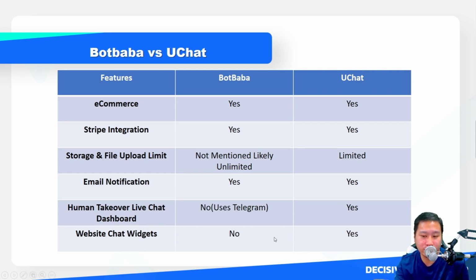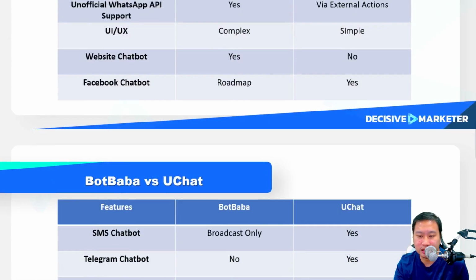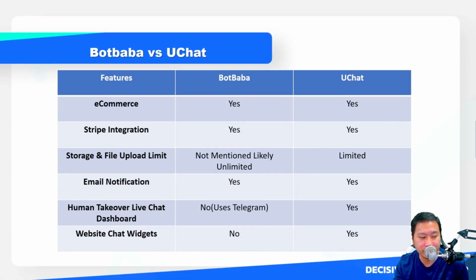So you should be able to embed the WhatsApp or the website chat widget into your website. For UChat, you can embed any of the chatbots that you have over here, right? That means Telegram, WeChat, Slack, WhatsApp, and Facebook Messenger and all that.